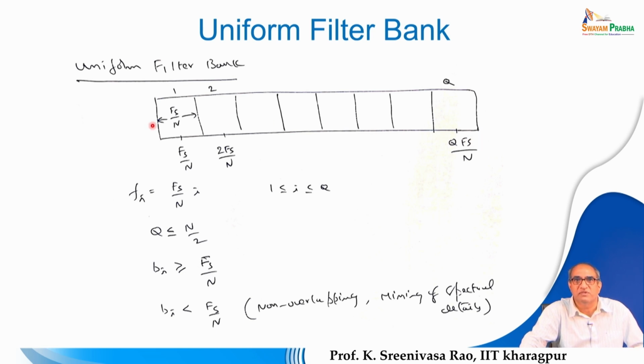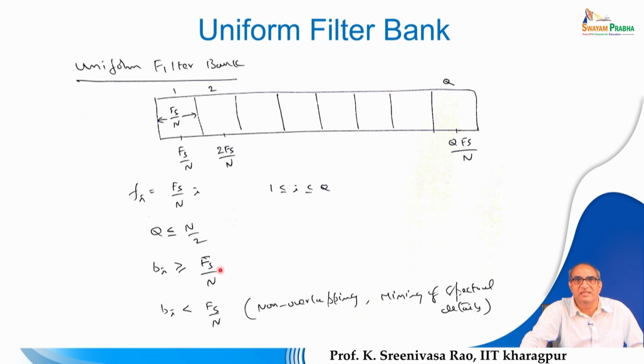This is for speech recognition, where from the speech signal we need to derive the sound units. So we need not analyze filters till the sampling frequency, because the actual content of speech is present only up to Fs by 2. Therefore the number of filters Q will always be less than or equal to N by 2.